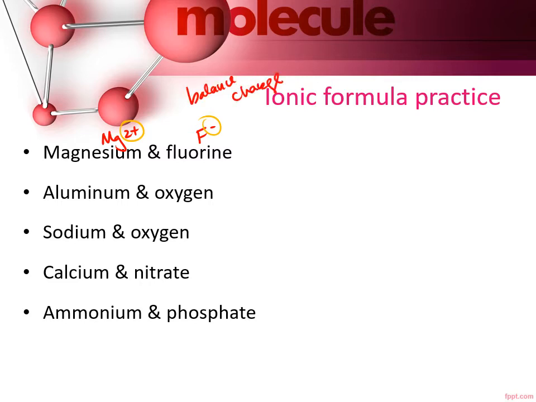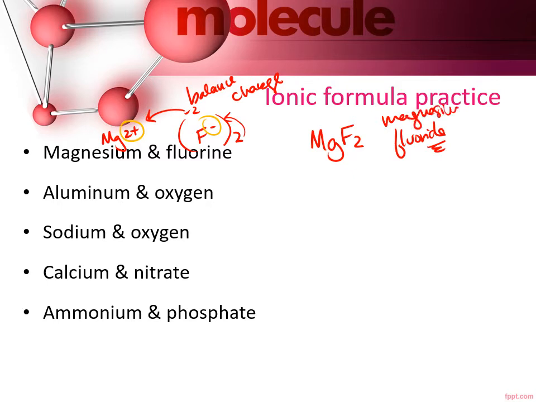To balance the charges, I need 2 of these guys, because 2 times -1 is -2, which will balance out that +2. And so my formula will be MgF2. Magnesium fluoride, changing the end of fluorine to fluoride, is the name of this compound.